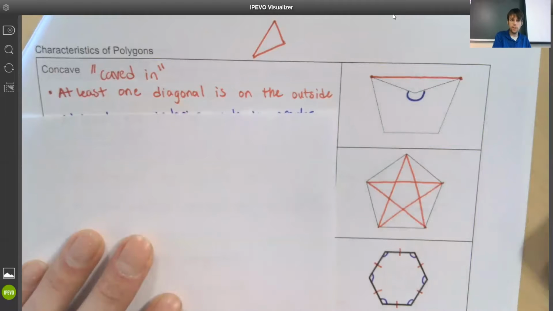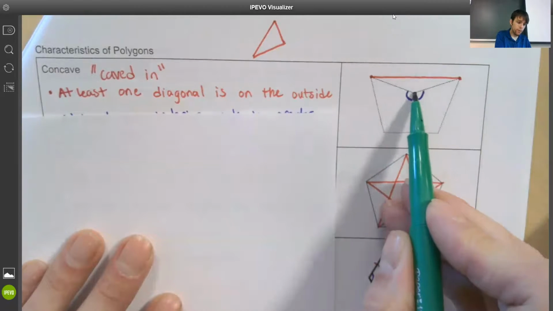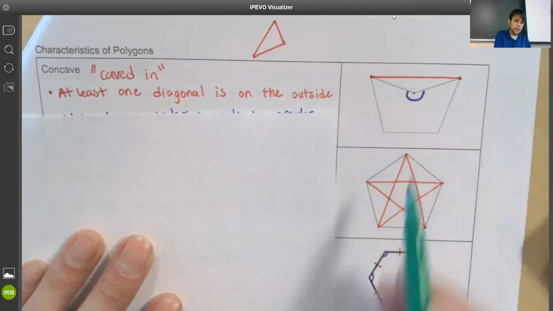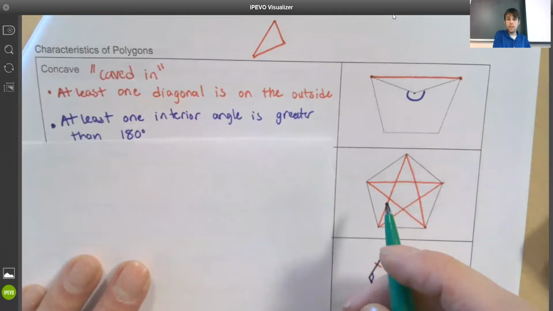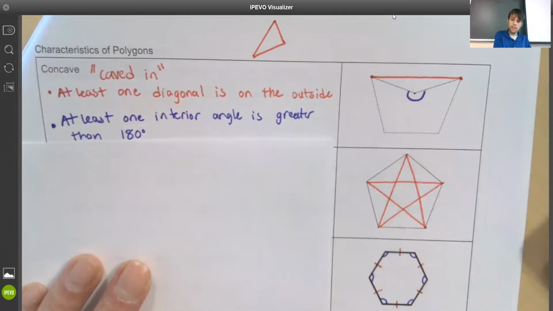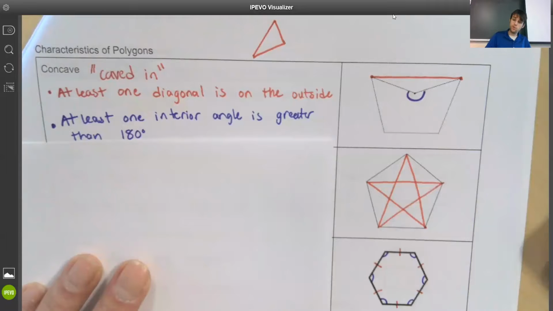That's one characteristic of concave polygons. Another one is this angle here, right? The angle formed at this vertex is actually greater than 180 degrees. It's more than a straight line. And that's another characteristic of concave polygons. So if either of those two things happen to be true about a polygon, we can call that concave.